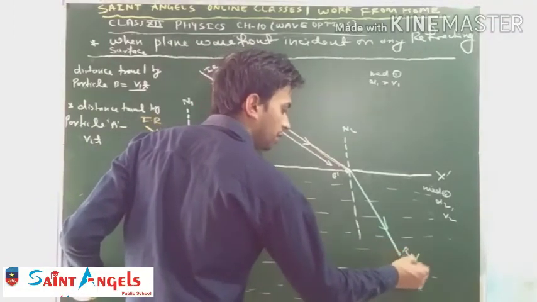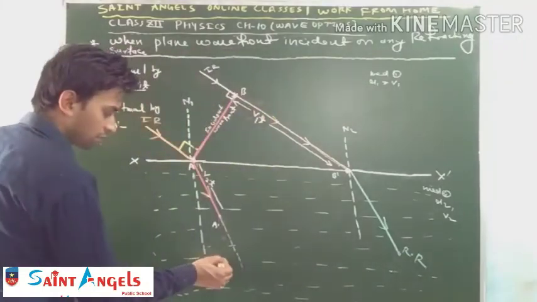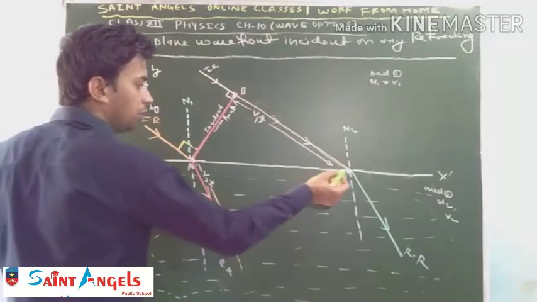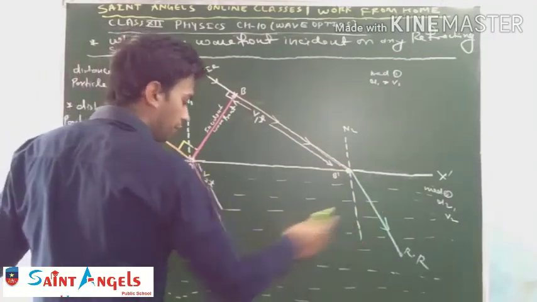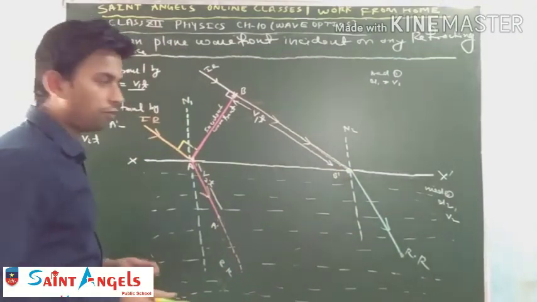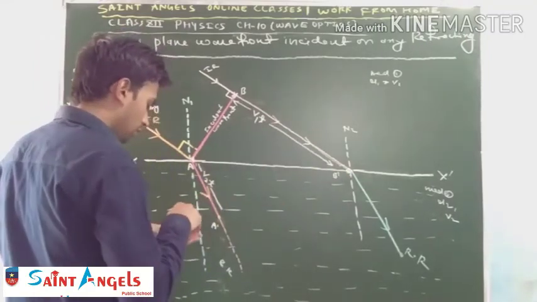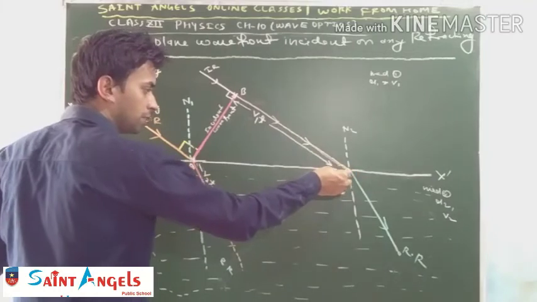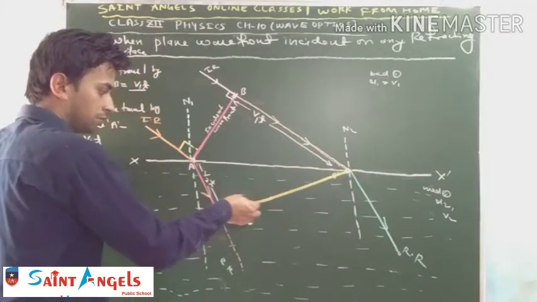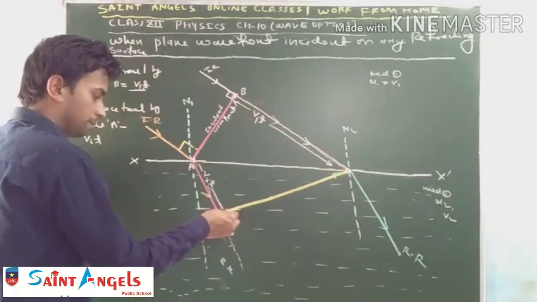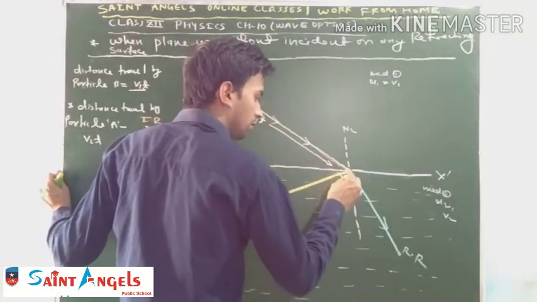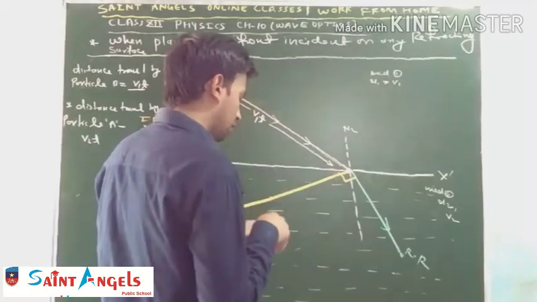These are the refracted rays. And we know that when we draw a normal on the refracted rays, we obtain a refracted wavefront. So firstly draw the normals on the refracted rays.